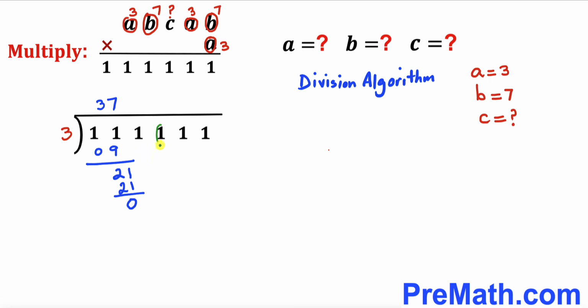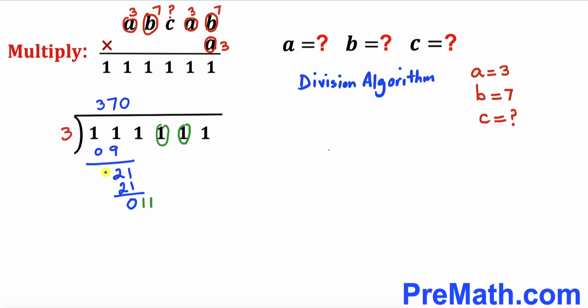Now we bring this 1 down. 3 cannot divide into 1, so we put 0 over here. Now we bring this 1 down, so we have 11.